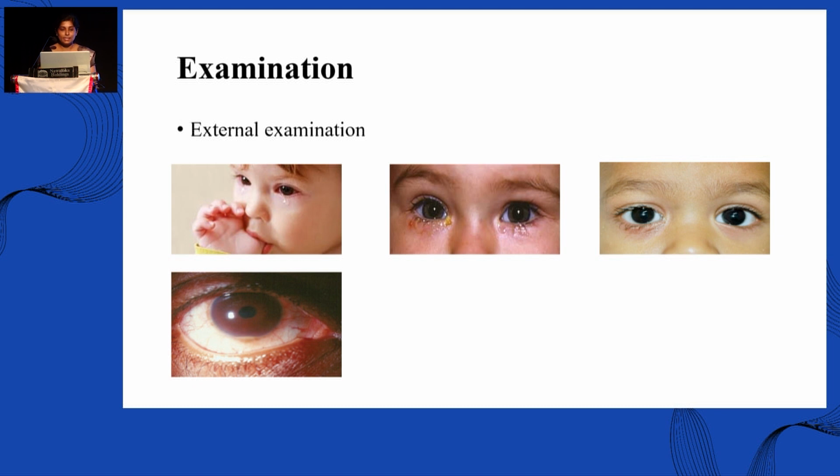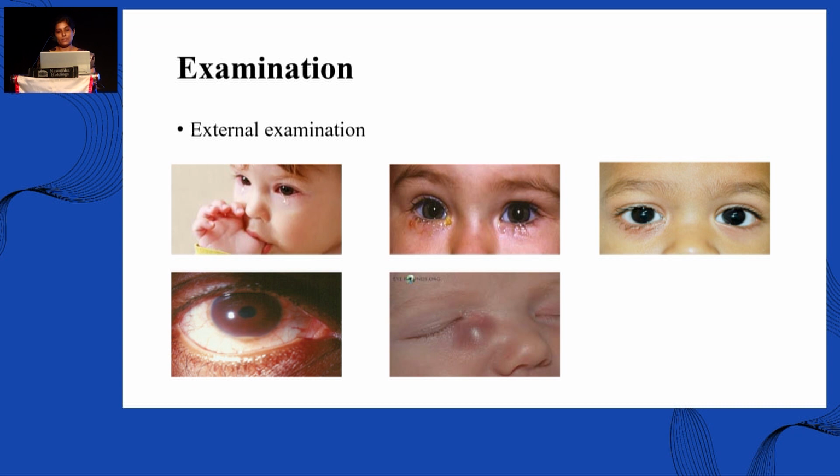Then we have to assess circumcorneal congestion. It is important because sometimes retinoblastoma patients present with pseudohypopyon and may mimic anterior uveitis, so we have to consider this in our differential diagnosis as well.